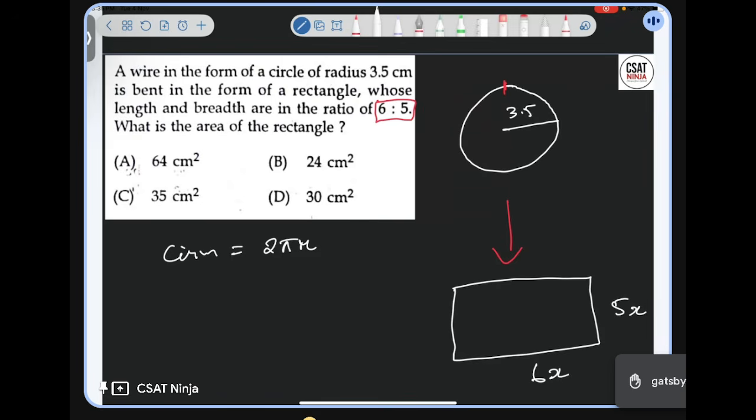Circumference of a circle is equal to, in terms of a rectangle, what do we call this? We call it the perimeter of a rectangle.